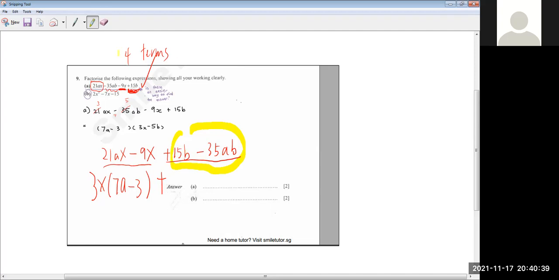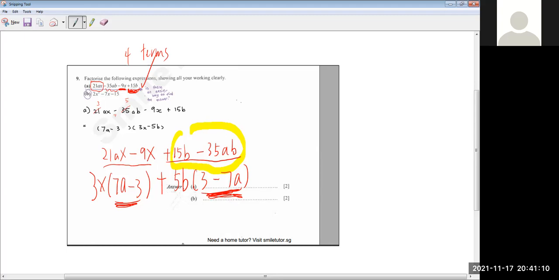You have b common and also 5 common, so if you take out 5b, you're going to have 3, and out of minus 35ab, you're going to have minus 7a. Can you see that here you have 7a minus 3, and over here you have 3 minus 7a? Can you see that their positions are not the same?